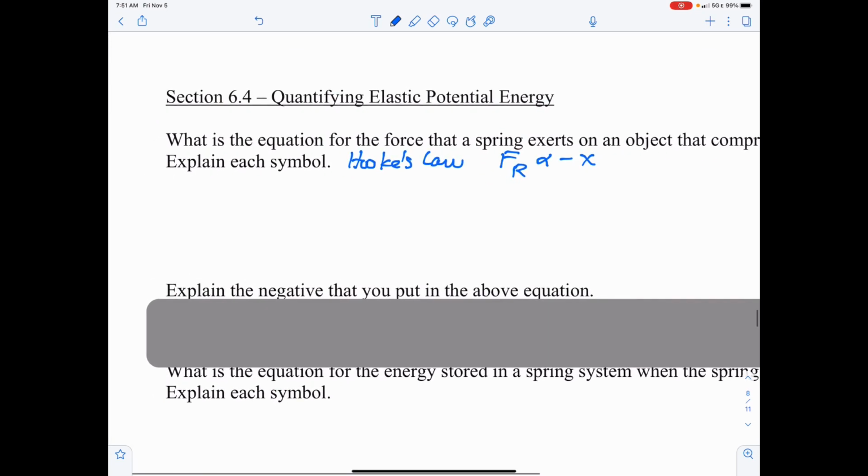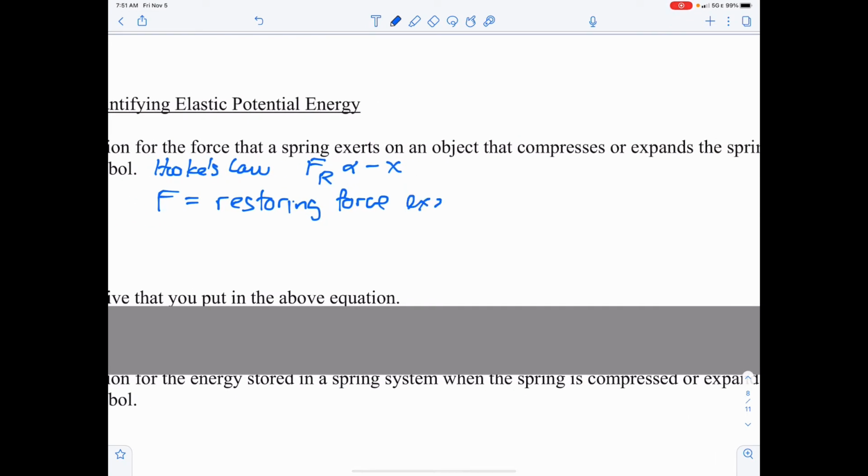Okay, now I'm just going to write it as F, not necessarily restoring force, but F is equal to negative Kx. Negative because the restoring force is always going opposite to the way you displace. So F is the restoring force exerted by the spring in newtons.